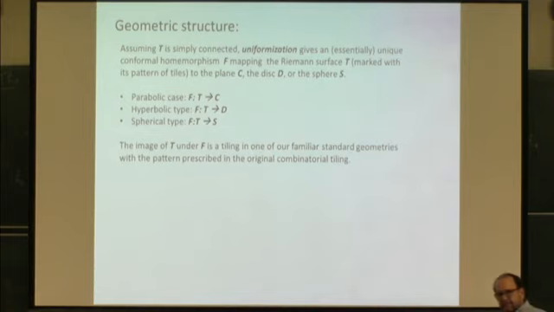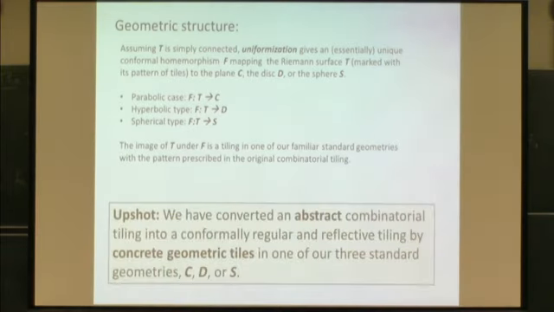So you just carry that marking along, and then you get concrete geometric shapes in one of these 3 geometries. And that's our conformal tiling. So we've taken abstract combinatorial tiling and put this conformally regular structure on and now mapped it down to concrete geometric tilings. So those are the tilings I'm going to look at, and I'll actually give some examples of the new version, the conformal version of those classical traditional tilings.